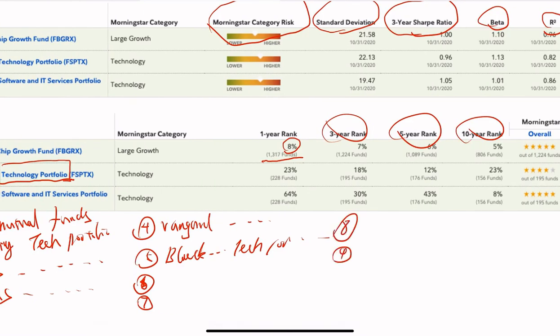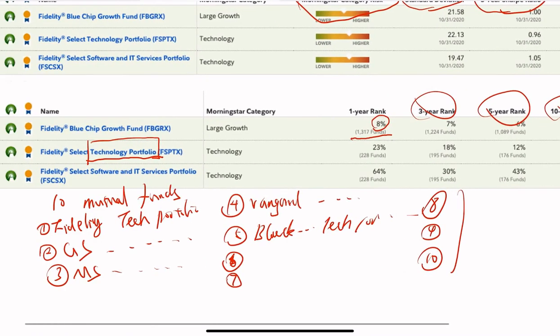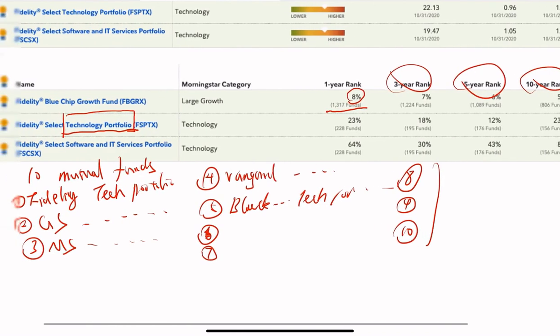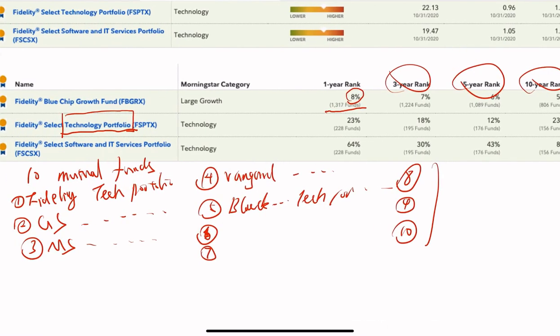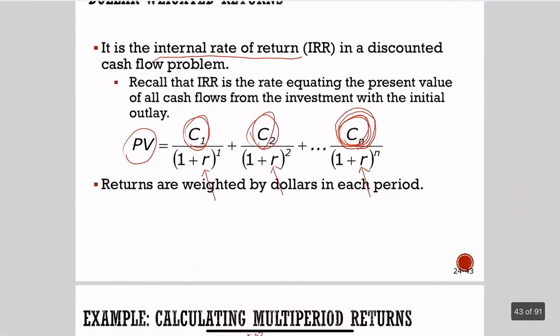So let's say you find these 10 different portfolios and you find that this Fidelity technology portfolio has higher return than the other 9 portfolios. So this could tell you that it is the best among 10 similar portfolios. So this could potentially be a really good investment, right? So that's the idea of a comparison universe.